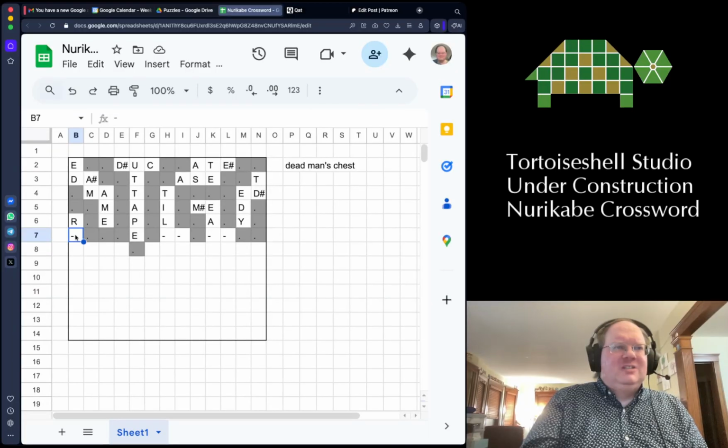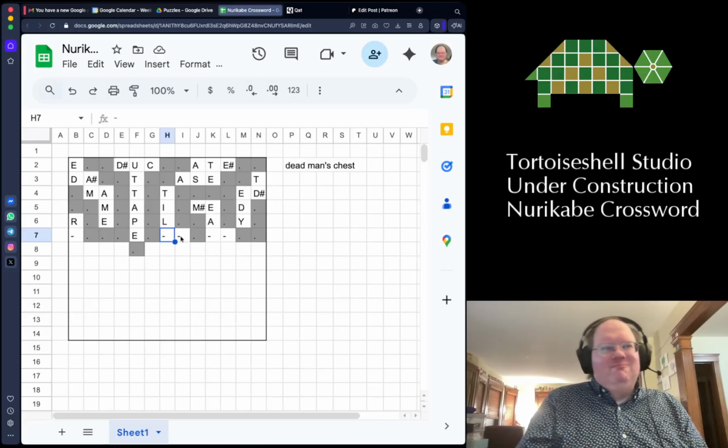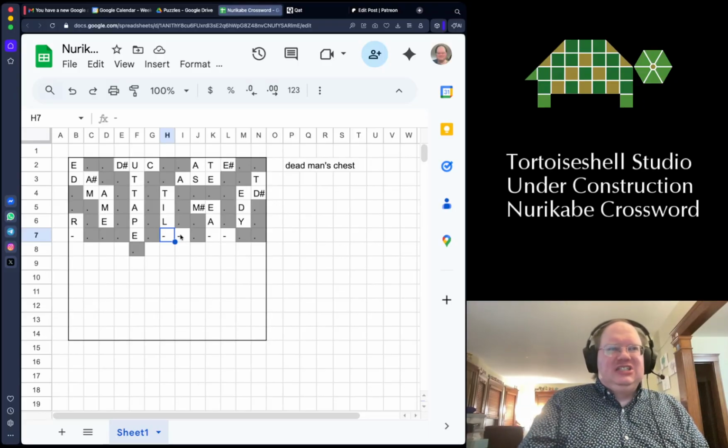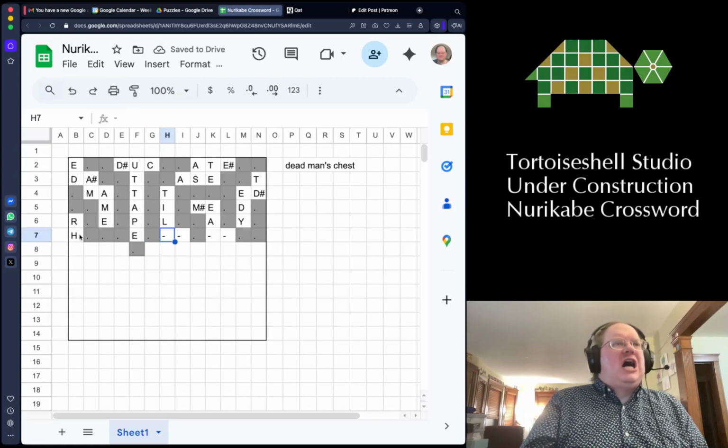Hmm. Either this begins EEL something, which means it's like eeling or eelers, which I don't want. Or starts with an H. Or a Y, I suppose.